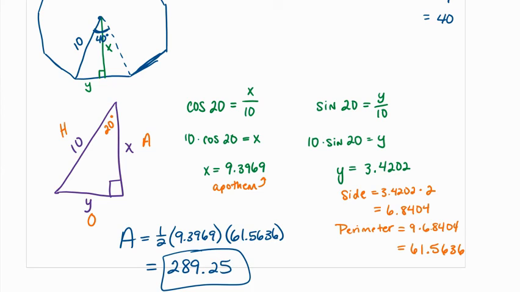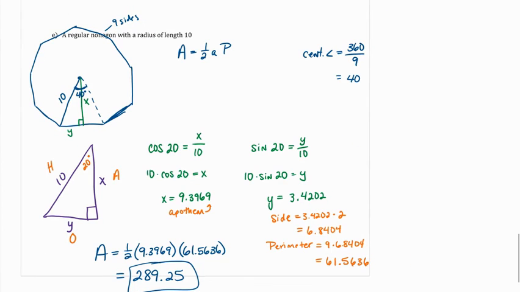There's a lot of steps, but if you keep track of what you're doing, it's not that bad. We won't do a whole lot of these, but just know if it's not a hexagon, you're going to have different angles in your triangle here. So you have to think more about that and use your SOHCAHTOA instead of those rules.